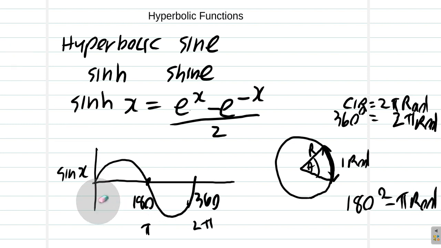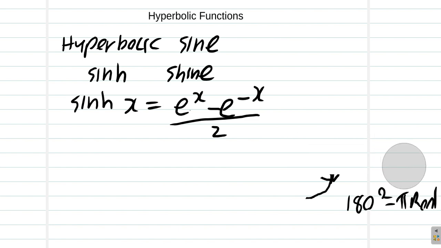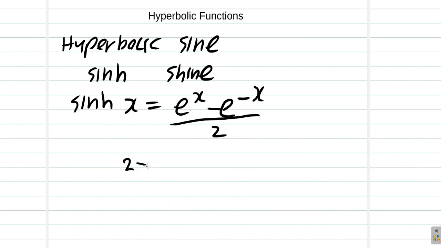All right. So we have our calculator in radian mode. Now 2 pi is the same as 2 times 3.142, which is about 6.284. So let us say x is equal to any number, like 1.5.